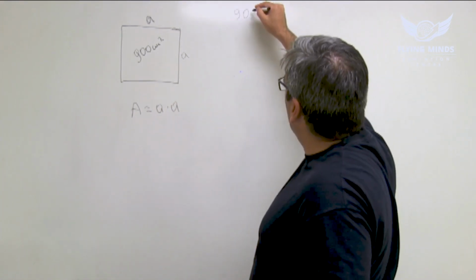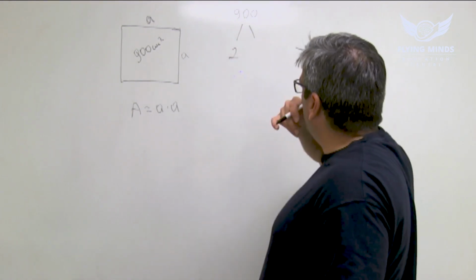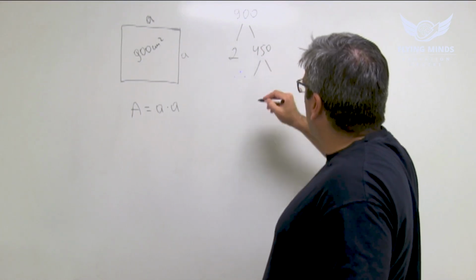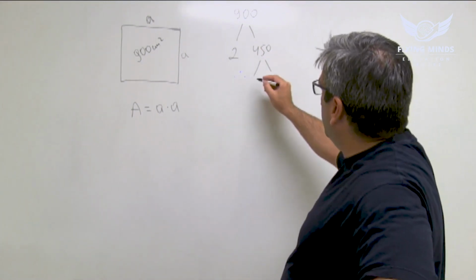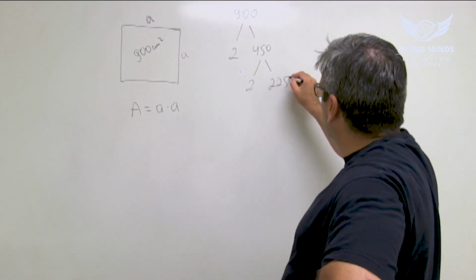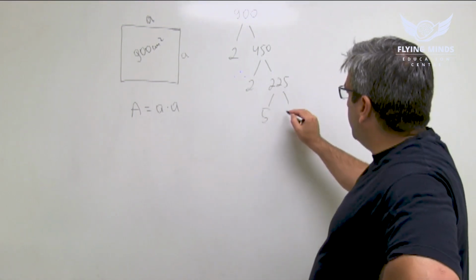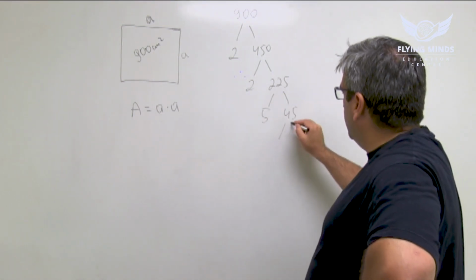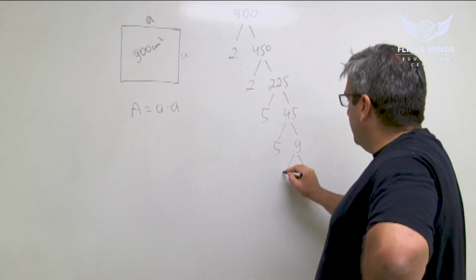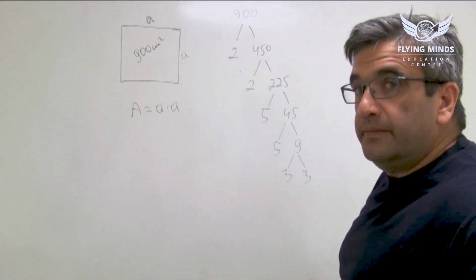Okay, so 900, we do prime factorization, so it will be 2, 450, then 2, 225, then 5, 45, then again 5 and 9, and then 3 and 3. All good up to here?